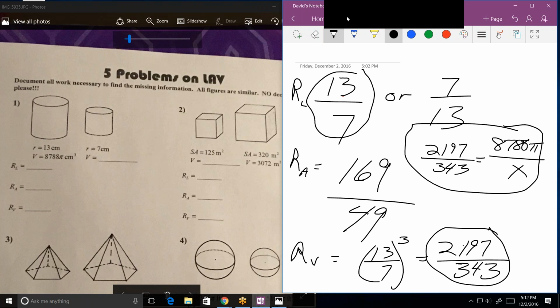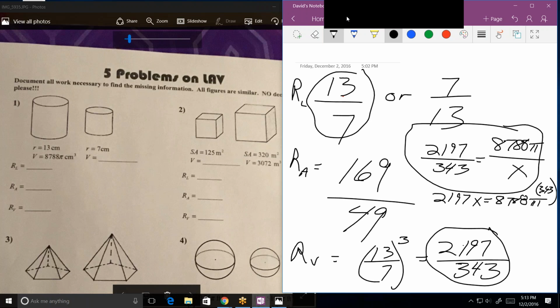Okay, you said you do have a calculator? Yeah. Go ahead and do it. I'm just confused on how you're supposed to do it. Are you just multiply? Okay. So we have 2197x equals 8788 pi times 343.